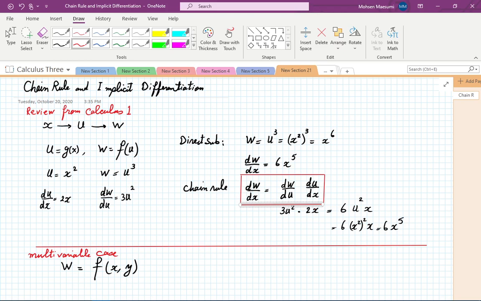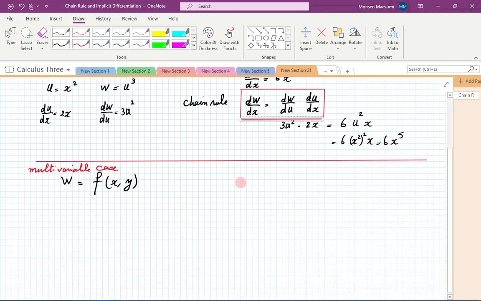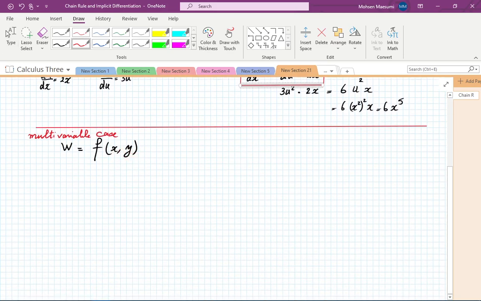So in this case, we have a function w of x and y. Now x and y themselves could depend on another variable. Let's start with a very simple case where x and y depend on just one variable. So for example, we can say x is some function g of t, or x of t, and y is some other function, let's call it h of t.